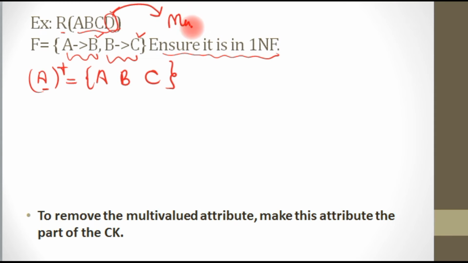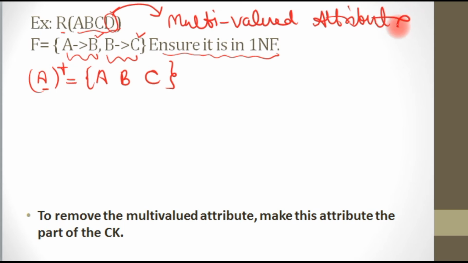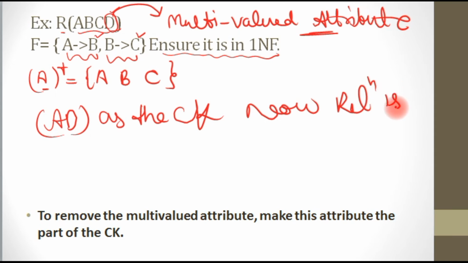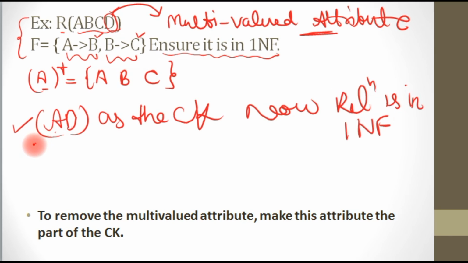That's why D must be a multi-valued attribute. When it is a multi-valued attribute, then it must be part of the candidate key. So we have AD as the candidate key, and now the relation is in 1NF. So this relation is not in first NF as given, so to make this relation first NF, we have to make D part of the candidate key. That's why we have AD as the candidate key.